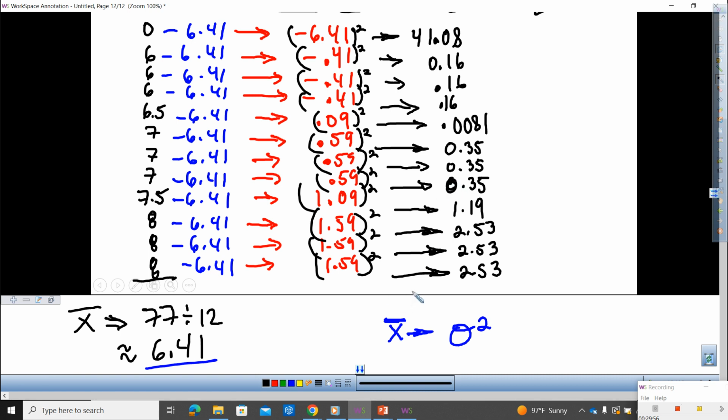Let me write the big sigma. I need the sum first. 51.0481, rounded to 51.05.